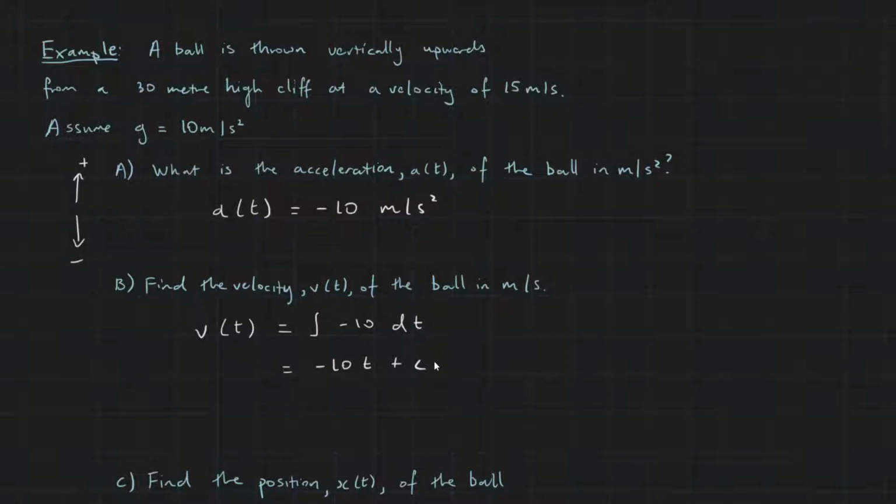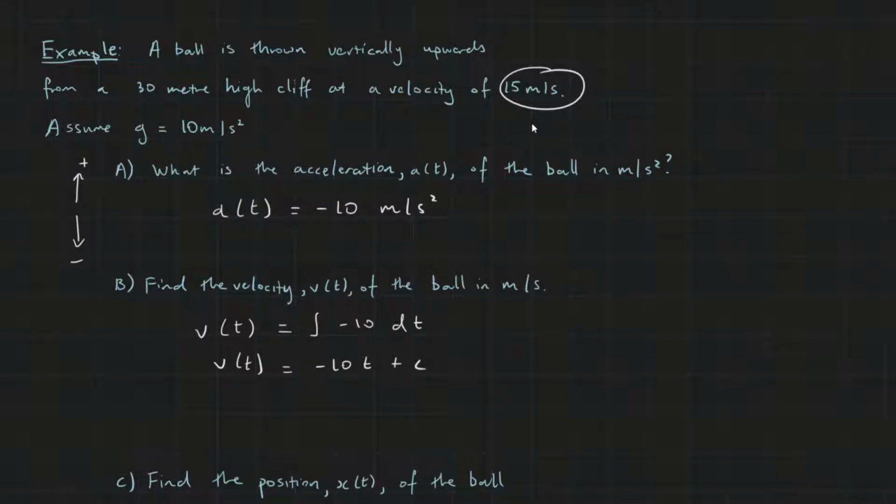Now, we shouldn't leave plus c in our equation because this is a specific example, and having a plus c on the outside of velocity doesn't really make much sense. So what we have to do is substitute in a piece of information to help us find the c. In this case, that piece of information is going to be the initial velocity of 15 meters per second.